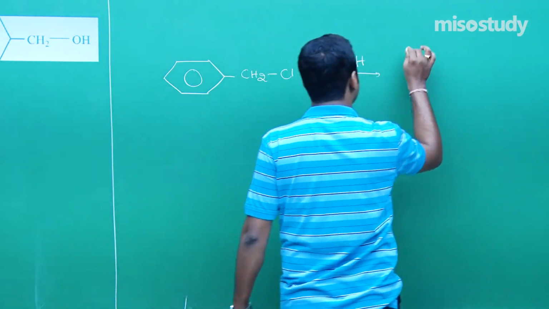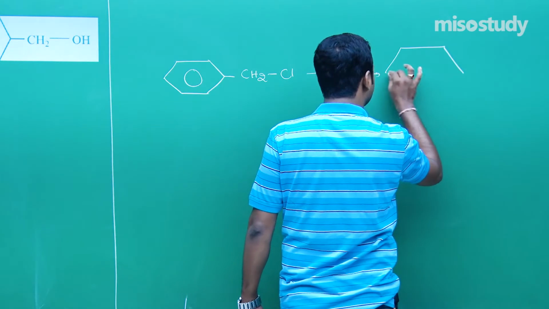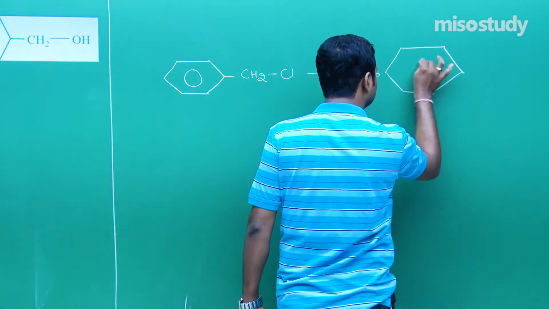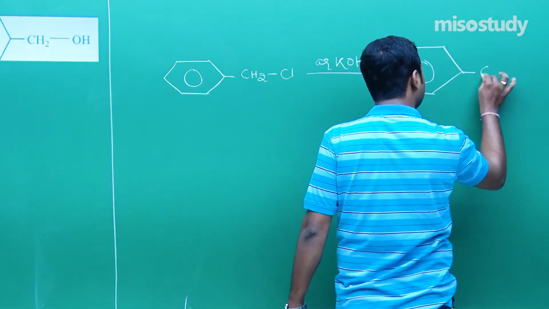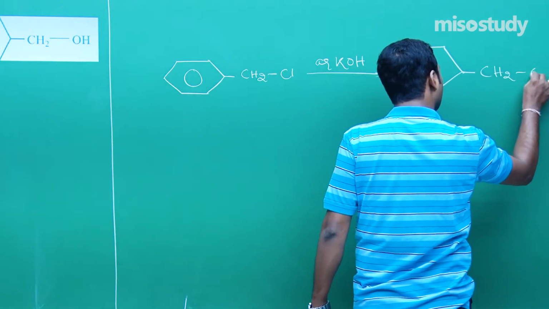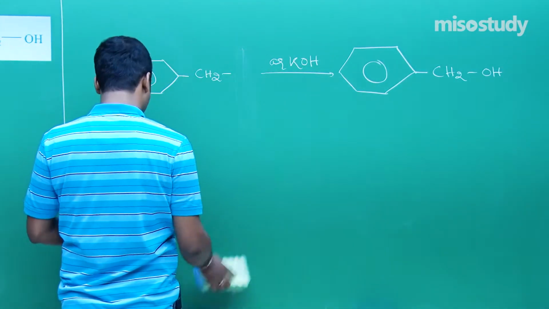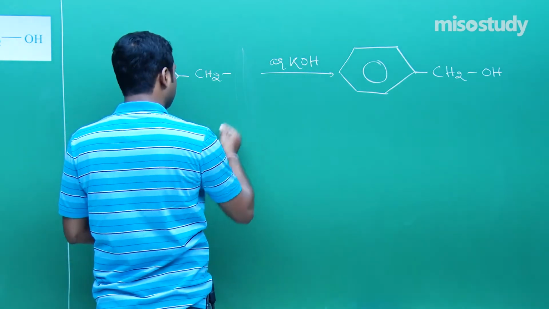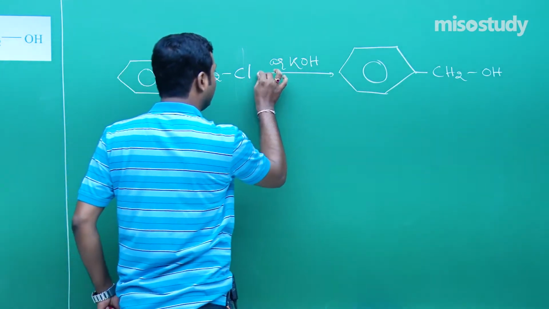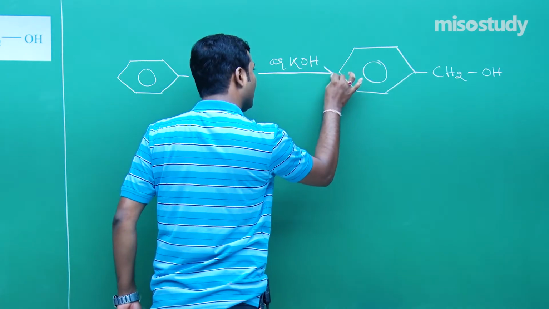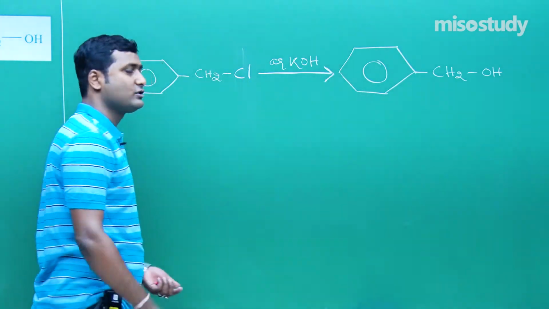The product is C6H5CH2OH. Clear to you? Put here Cl, CH2Cl and treatment with aqueous KOH, it gives you CH2OH.